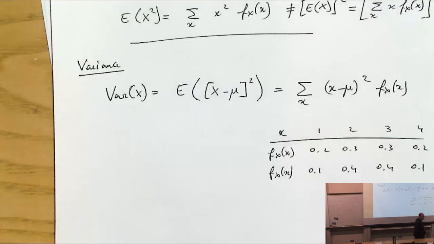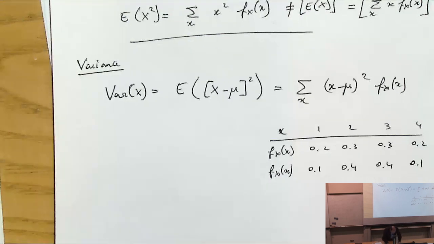Those are two different probability mass functions for values in the same range, right? But they're both symmetric, so the mean will be the same for both cases, still 2.5, but the variance will be different. The variance is a measure of how fat that distribution is. So you see here that the distribution is more spread than in this case, where the distribution is more centered around those two values. So the variance will be smaller here than there, okay?